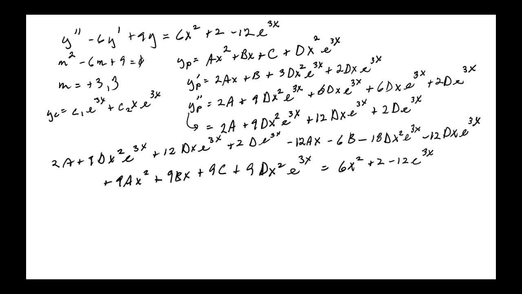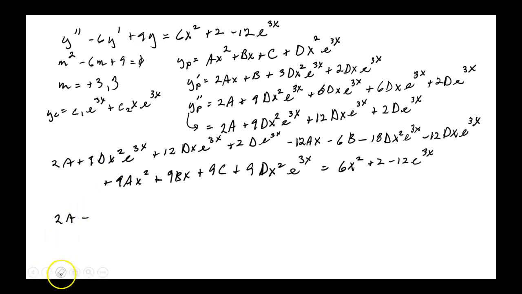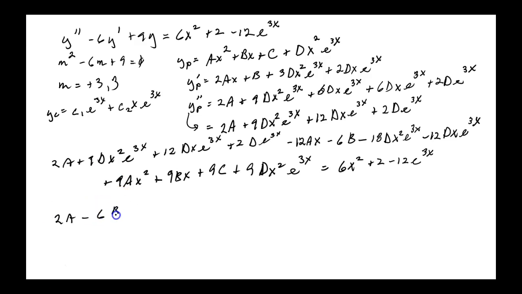On the left-hand side, 2a minus 6b plus 9c is equal to 2. Got it? Okay. I'm going to cross out just so I won't panic later.